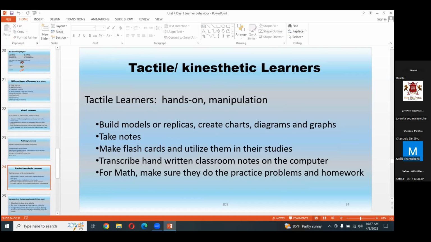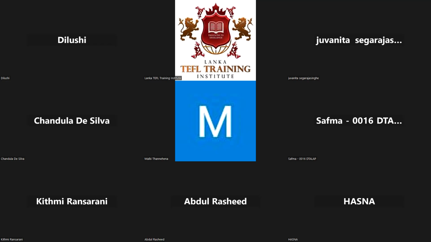Anybody else who is in need of any slide? Right. So complete your self-study task and send it to the institute following the regulations. Whatever is mentioned, follow all those and send it by Wednesday, right?